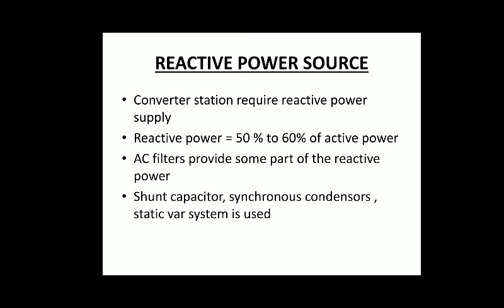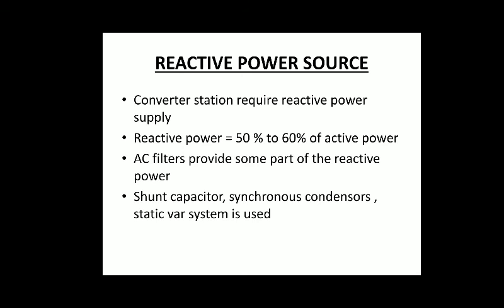Next we have the reactive power source. So what are the reactive power sources in the HVDC transmission system? One is that the converter station requires reactive power supply. The converter station needs reactive power supply to operate, and that reactive power needs to be 50 to 60% of the active power supplied. Next, the AC filter provides some part of the reactive power.